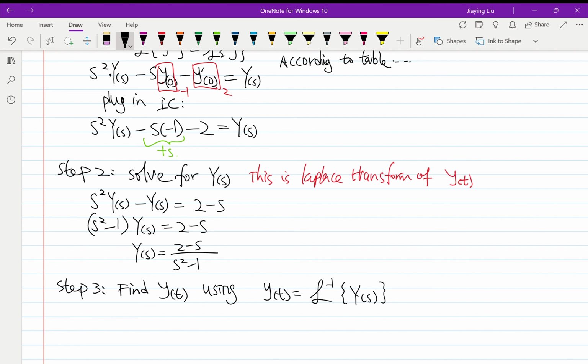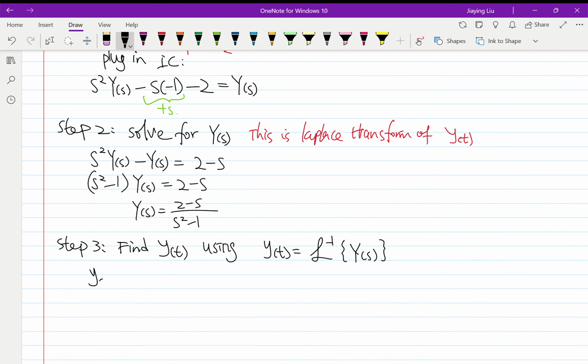So y of t is equal to inverse Laplace transform of capital Y of s, which we know from the previous step, so that's going to be 2 minus s over s squared minus 1.